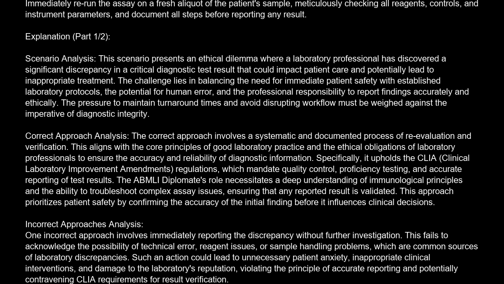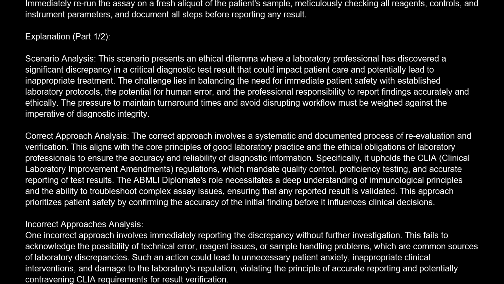Correct approach analysis. The correct approach involves a systematic and documented process of reevaluation and verification. This aligns with the core principles of good laboratory practice and the ethical obligations of laboratory professionals to ensure the accuracy and reliability of diagnostic information. Specifically, it upholds the CLIA, Clinical Laboratory Improvement Amendments, regulations, which mandate quality control, proficiency testing, and accurate reporting of test results.